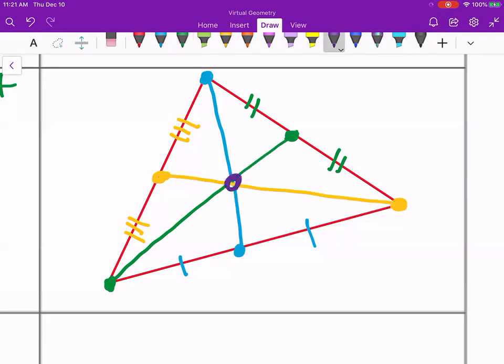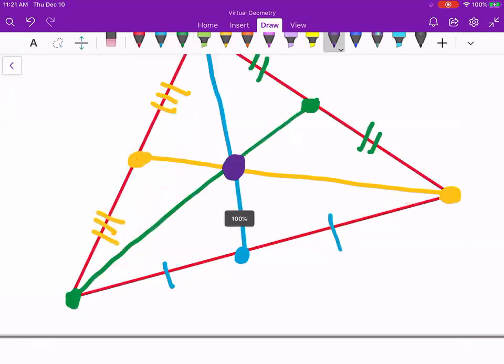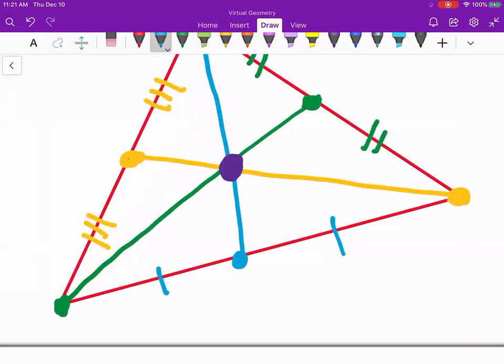And there is my centroid dot in the middle. And again, for this one, that one centroid dot cuts each median into a shorter part and a longer part. So I'm actually going to leave those lines there and write those labels in. I'm going to make that a little bit smaller.